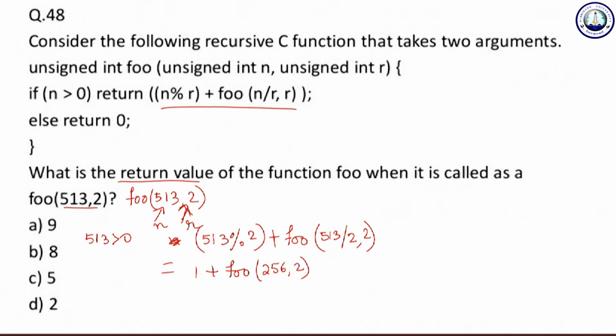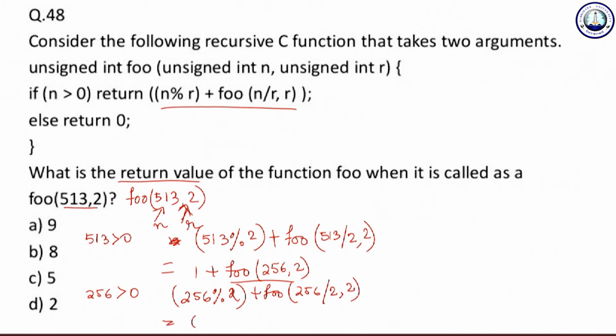Okay. Then checking for this one, 256 is greater than 0. So, again you will place it in the formula: 256 modulo 2 plus foo of 256 divided by 2, comma 2.